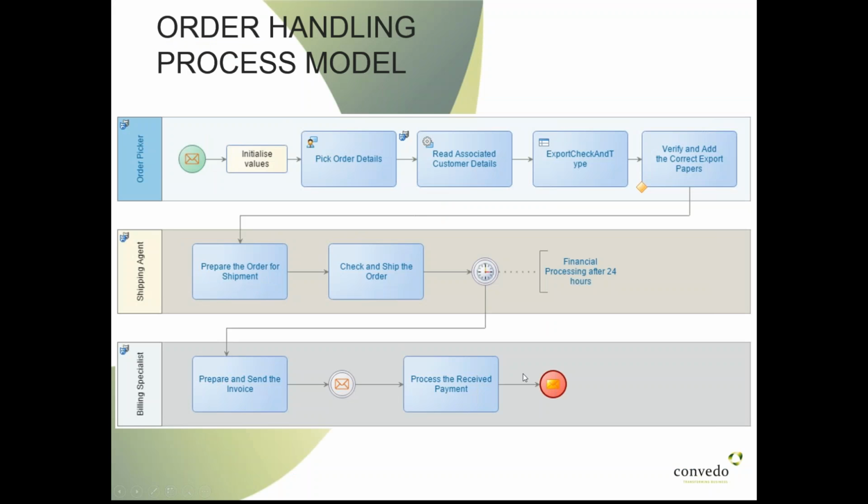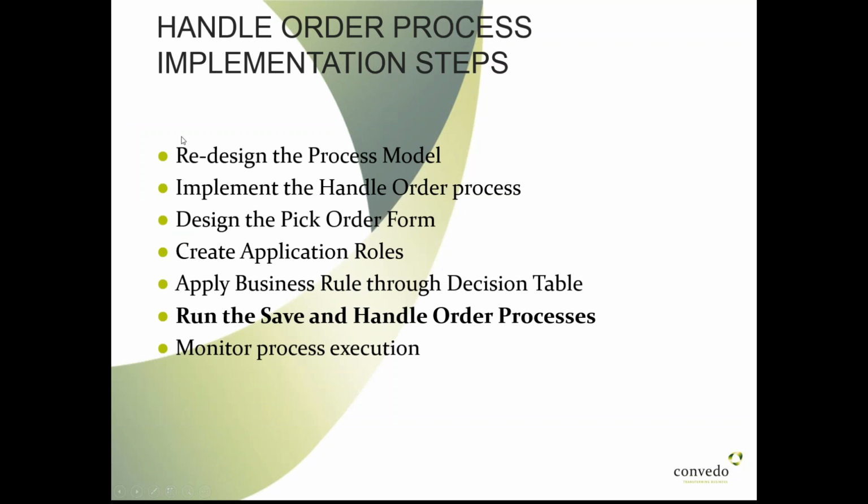Okay, so basically what I did was taking you through a number of steps, implementing those steps, creating the order. So I redesigned the process model to implement a real handle order process, adding the different steps to the process, and start designing a user interface for the first step to pick the orders and the order details.